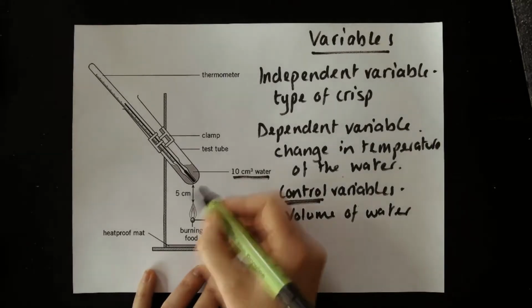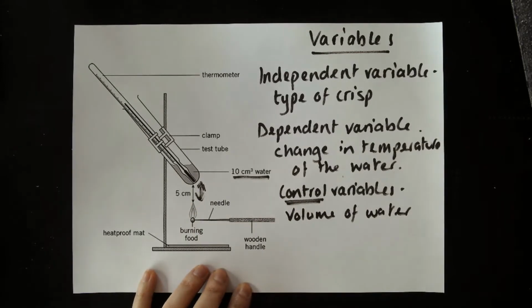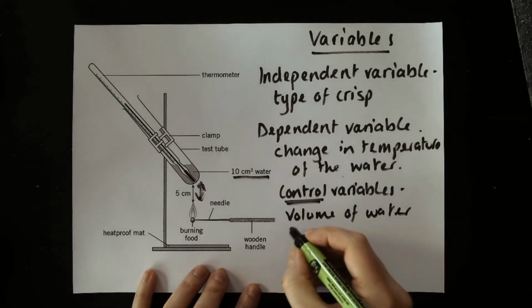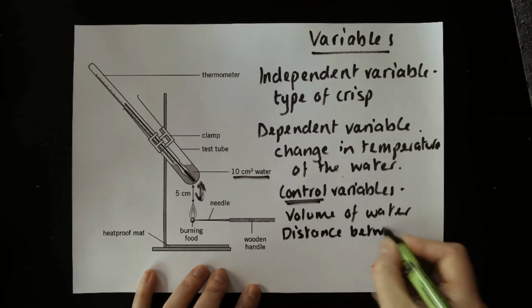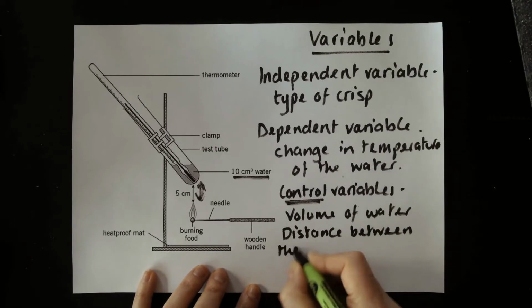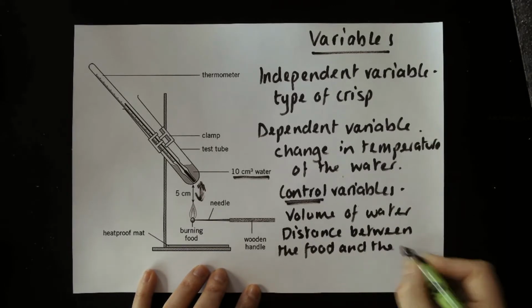The crisp should always be 5 centimetres away from the test tube. So I'm going to keep the distance between the food and the boiling tube the same.